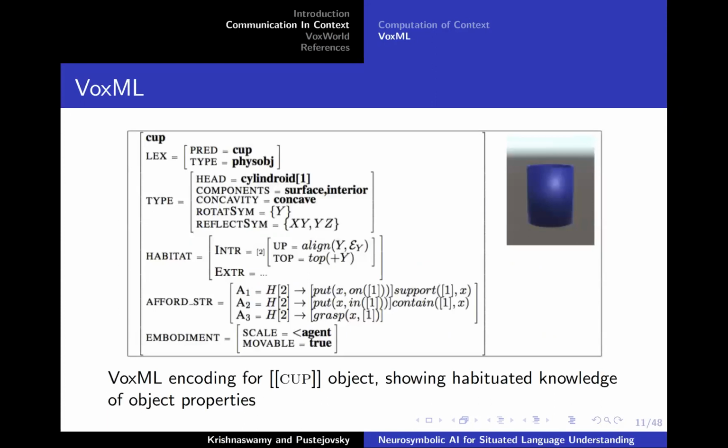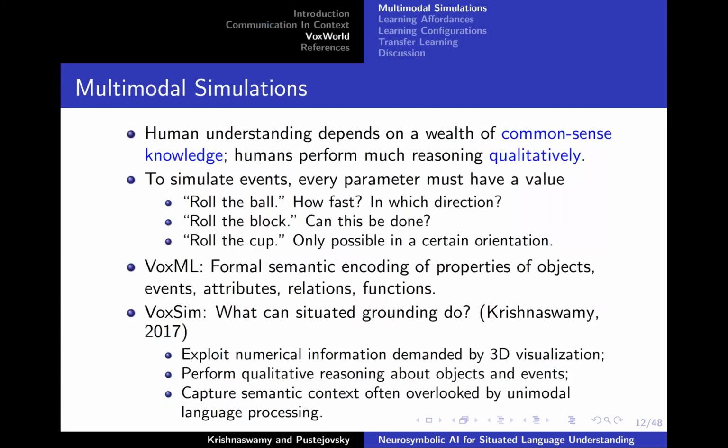This is one such encoding, a VoxML encoding for a cup that shows some habituated knowledge of object properties. You can see it's a cylindroid object, it's concave, it has some symmetry information, and some affordances. This is by no means complete, but you can say if you put something in the cup, then the cup's going to contain that object. Human understanding depends on a wealth of such common sense knowledge because humans perform much reasoning qualitatively.